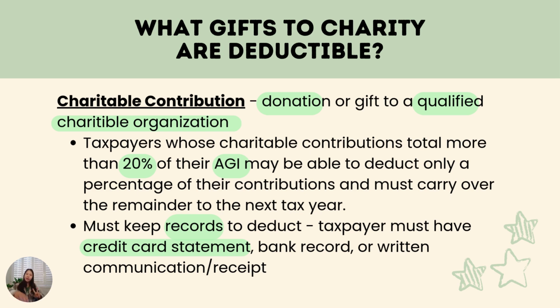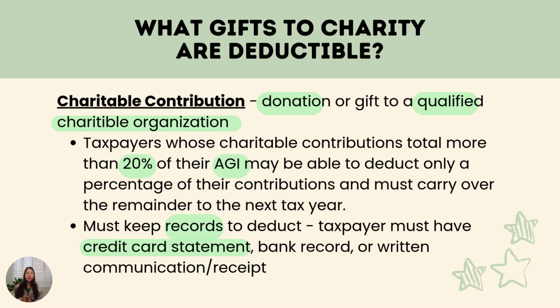All right, we're almost to the end, guys. We only have two more types of expenses that can be deducted. And one of those is gifts to charity. A donation and a charitable contribution, this is what we call a gift to charity in legalese. It's a donation or gift to a qualified charitable organization. Now, one thing to note: it can't be to any of your blood relatives. It can't be to any second party organizations.